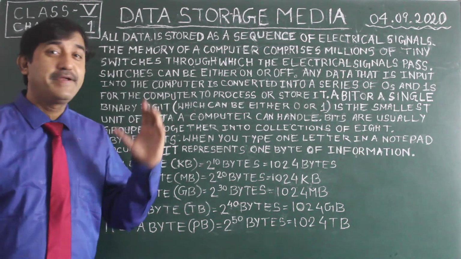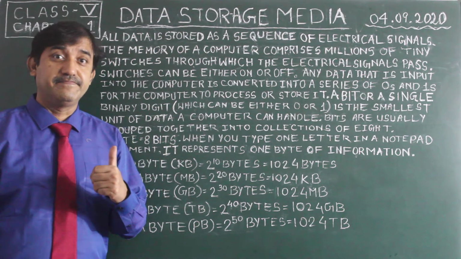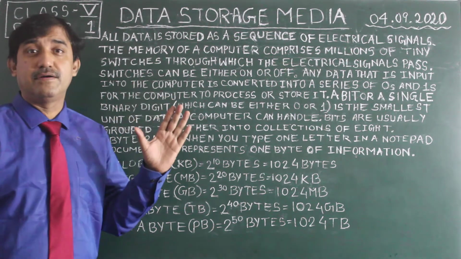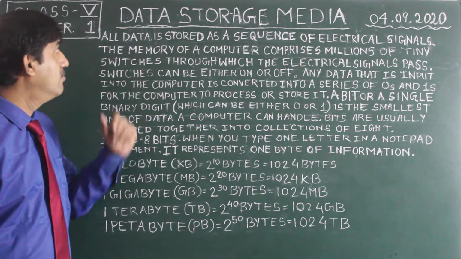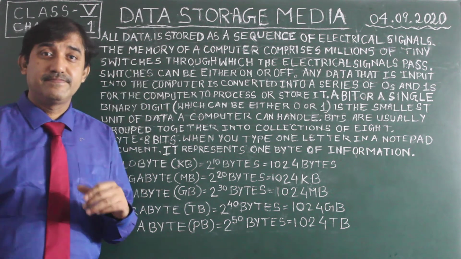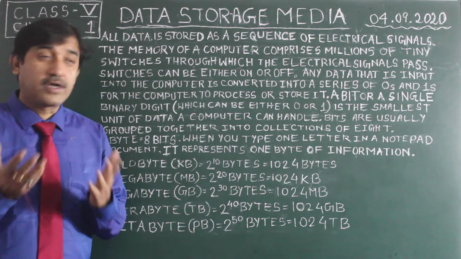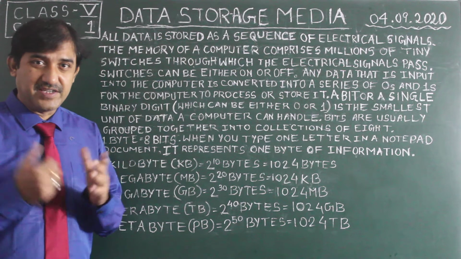Now, data storage media, this is your first chapter, and I have already revised some of the content of the chapter. Now the time comes when I am explaining what is a data storage device.